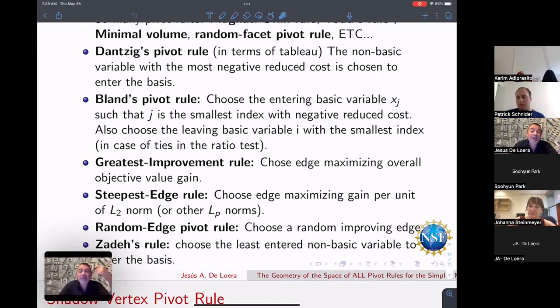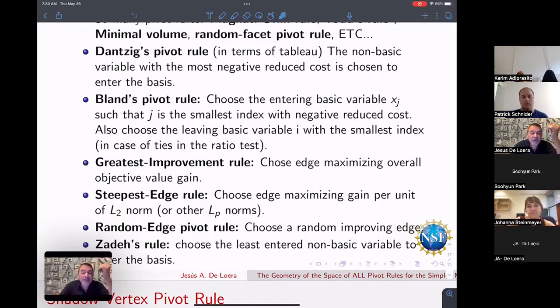Maybe a very long edge is going to give you improvement, but that's not what you want. You want something proportional, divided by the 2-norm or the 1-norm, the length of the edge, that gives you more improvement. So that's the steepest edge rule, and it's the most popular.